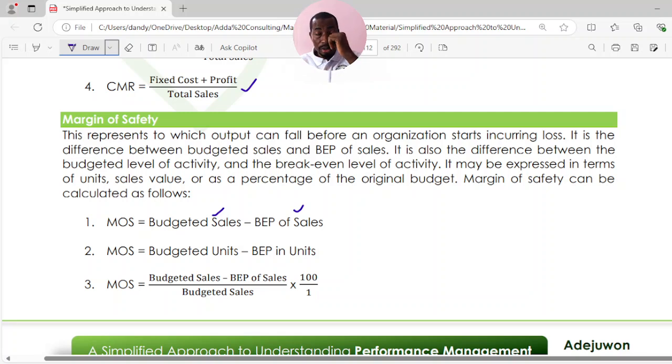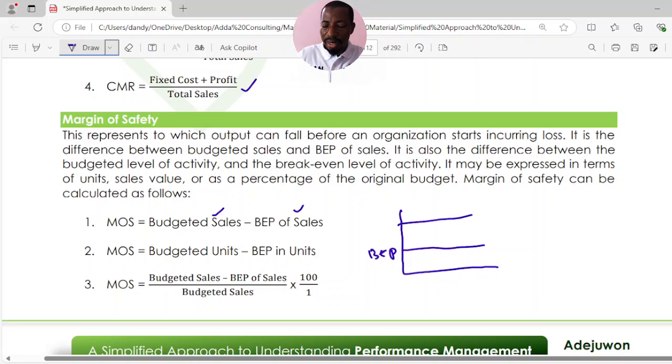Say, for example, let's say we have a diagram like this. Here is our break-even point. Here is a point where a company has a targeted profit, a profit to earn.